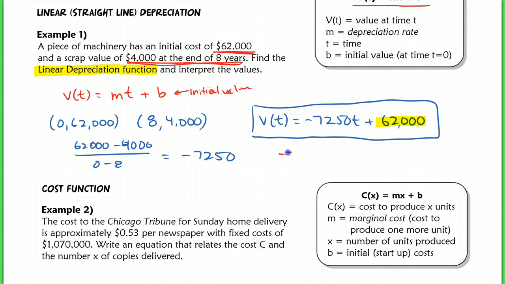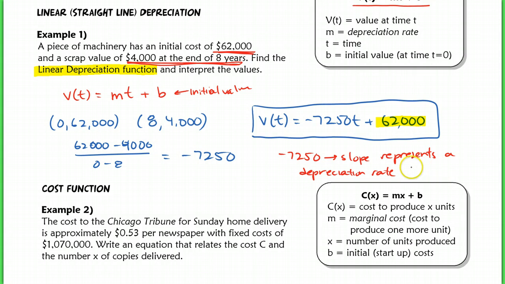And this negative 7,250, our slope, represents a depreciation rate. It's a constant rate. It's basically dropping in value $7,250 every year.